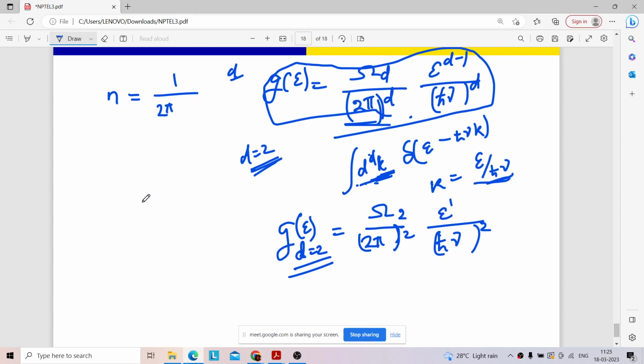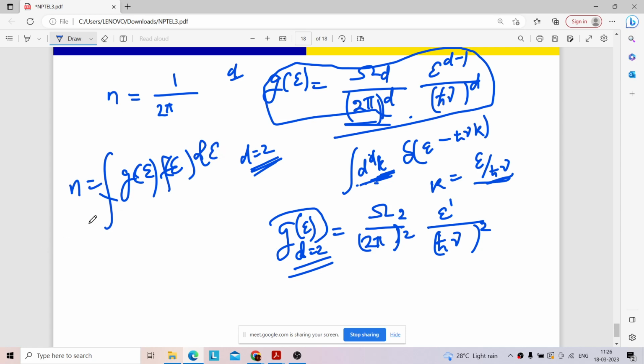From that, we can simply put this g in the n formula. Like we have the density function, then the distribution function, then we have to integrate it from 0 to infinity. So I got a new kind of form for two dimension now.